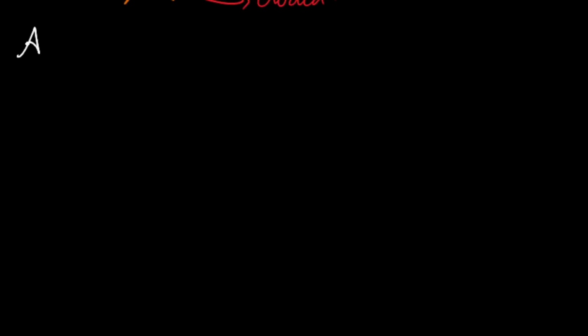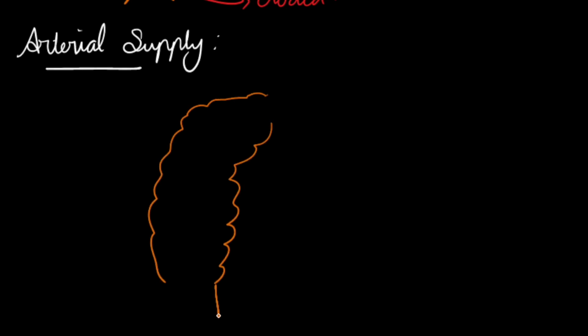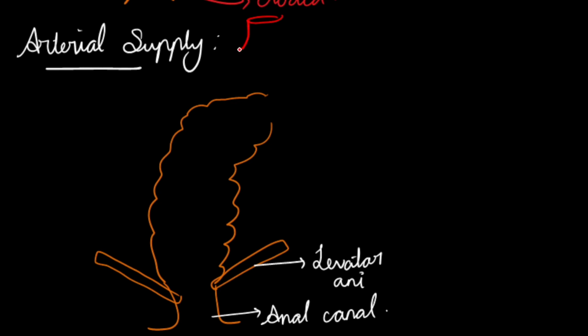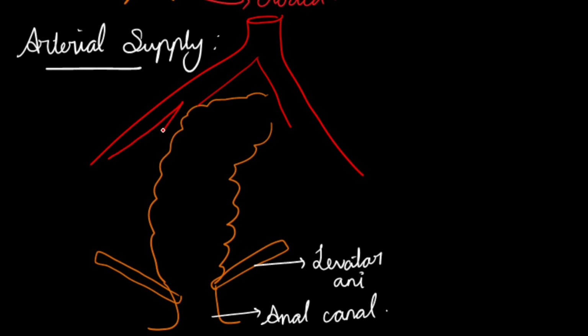So now let us discuss the arterial supply. We all know the abdominal aorta divides into the common iliac artery, and the common iliac artery divides into external iliac and internal iliac. In case of rectum, the major arterial supply is through the superior rectal artery, which originates from the inferior mesenteric artery and reaches the rectum.